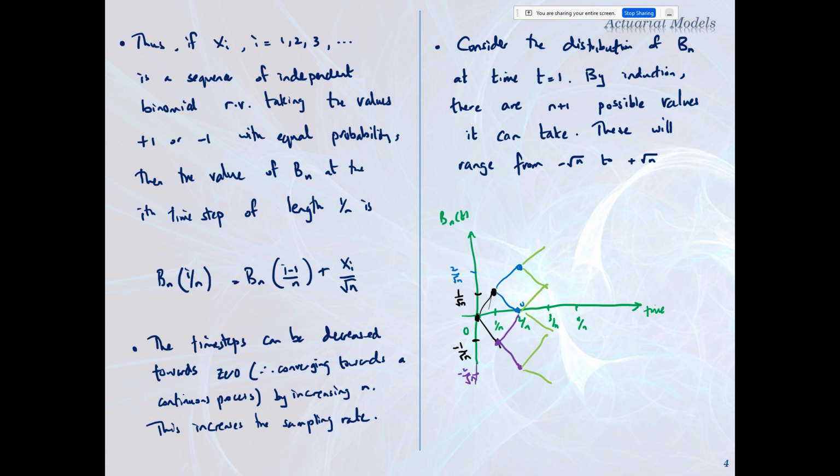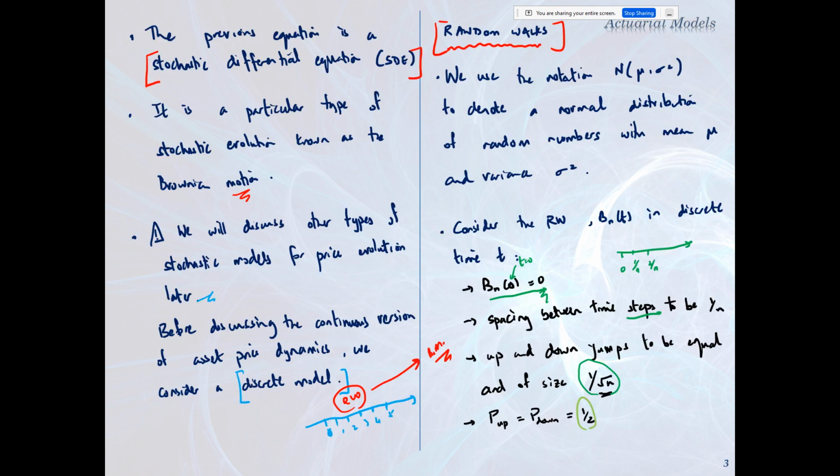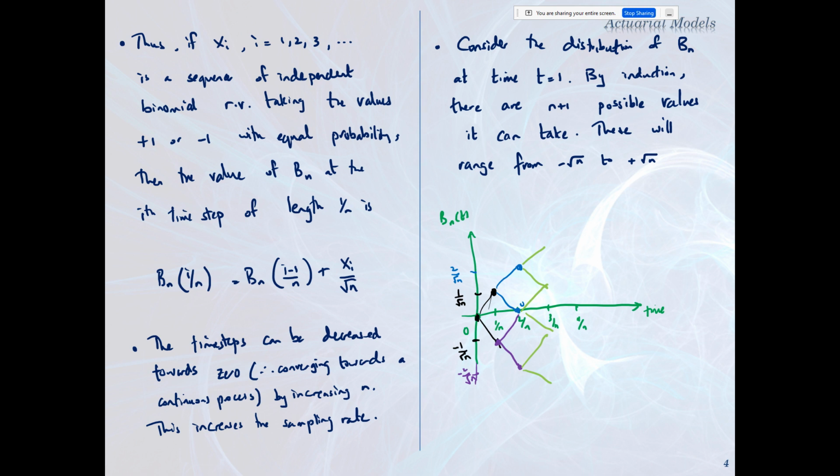Okay. So it says something here. The probability of going up or down is half. So it is equiprobable of going up or down. Thus, if xi is a sequence of independent random variables, taking the values plus 1 or minus 1 with equal probability, then the value of Bn at the ith time step of length 1 over n is Bn(i over n) equals Bn((i minus 1) over n) plus xi over square root n.